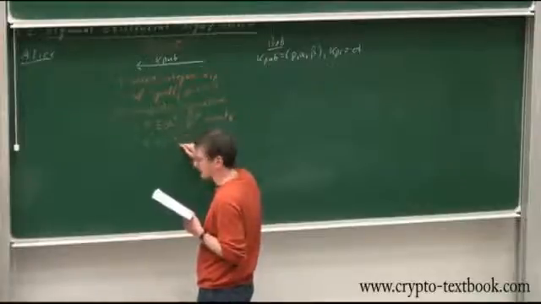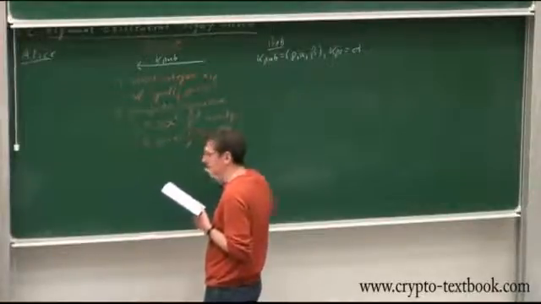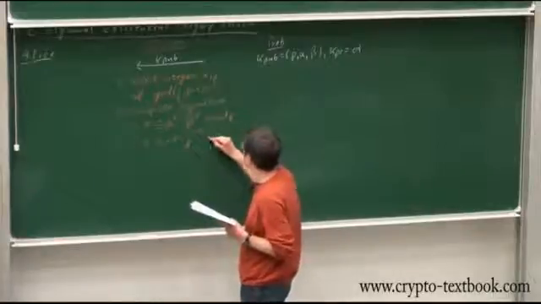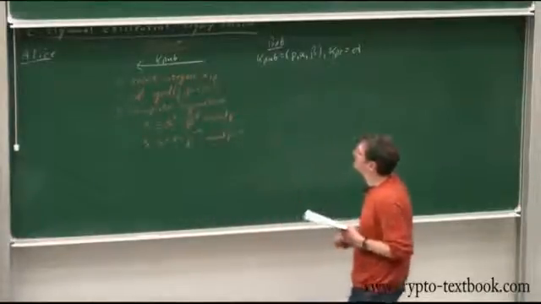This is minus r times the inverse of j mod p minus 1.